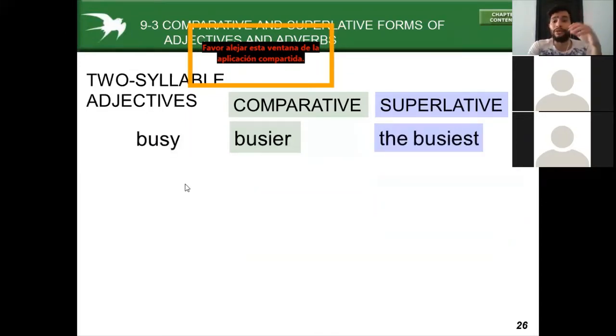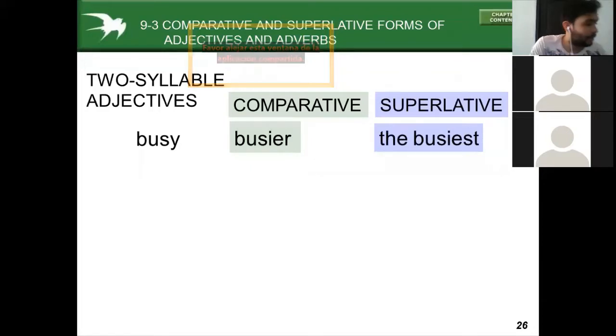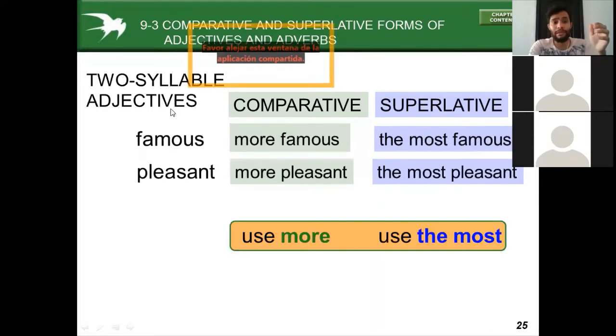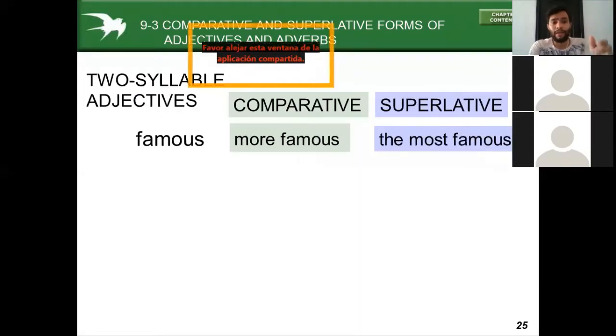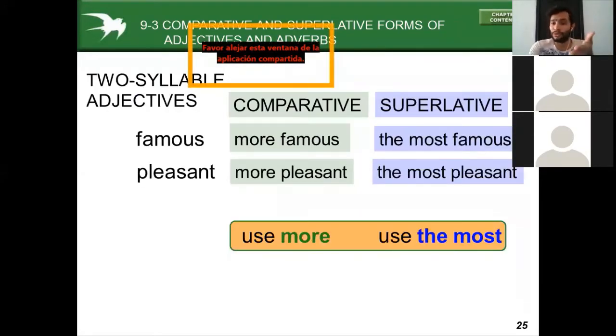Now, we always get some exceptions. We have some exceptions here. And those exceptions are, for example, some two-syllable adjectives. I just said that for two-syllable adjectives, like this, we use more and the most, right?